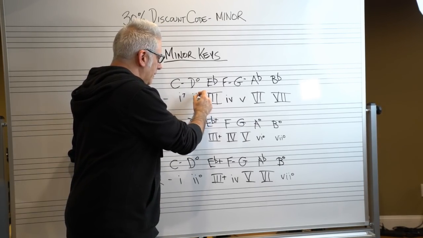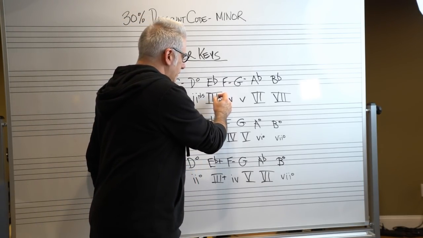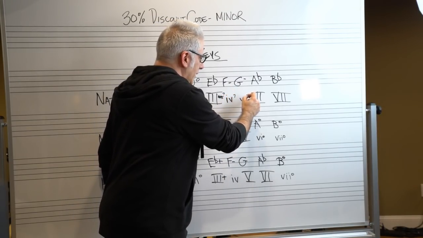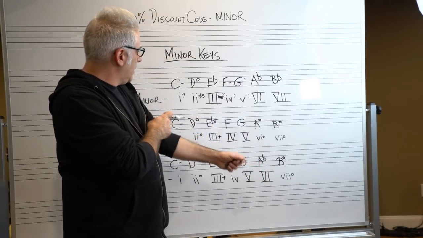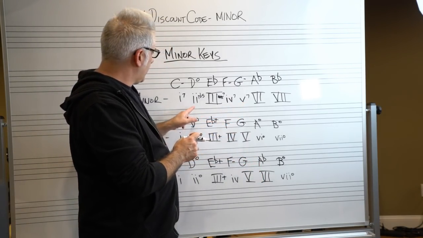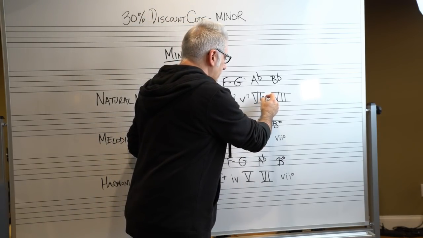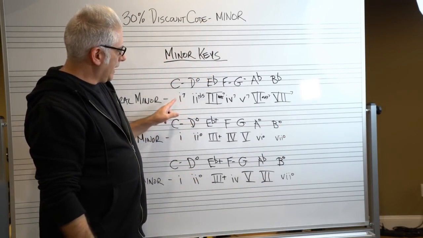Minor 7 flat 5. This is a major 7. I don't really have enough room. This is a minor 7, minor 7. Let's see here. This is going to be a major 7. That's going to be a dominant 7.